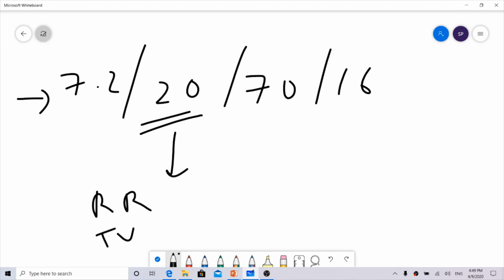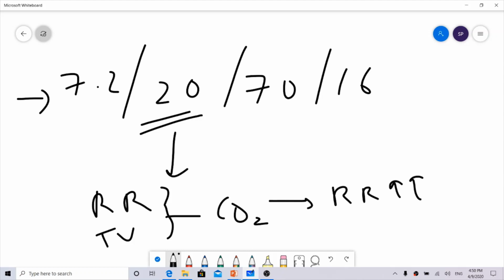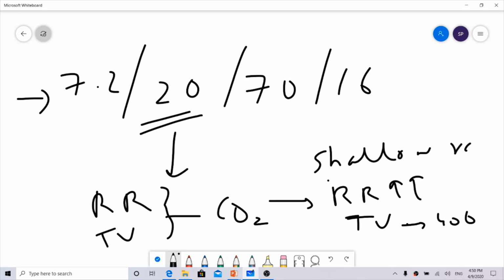You remember in the previous classes we talked about how respiratory rate and tidal volume determine the CO2 levels. So these patients will have a high respiratory rate, and the tidal volume will be around 400. Basically they'll have shallow rapid breathing.